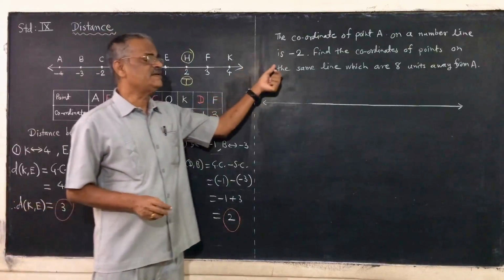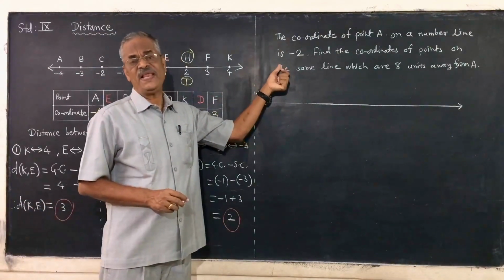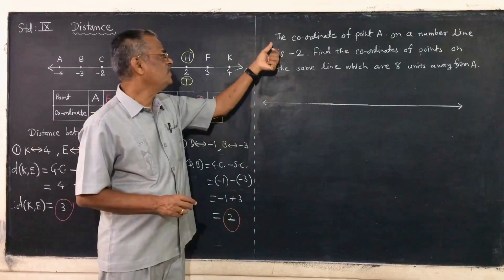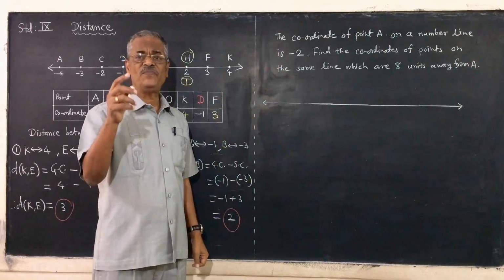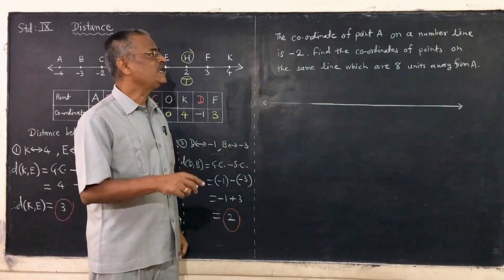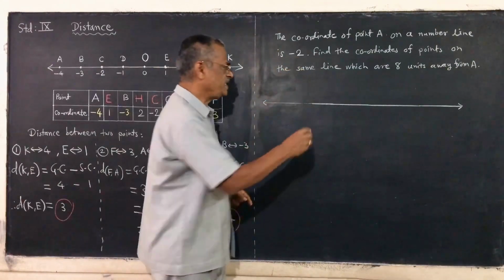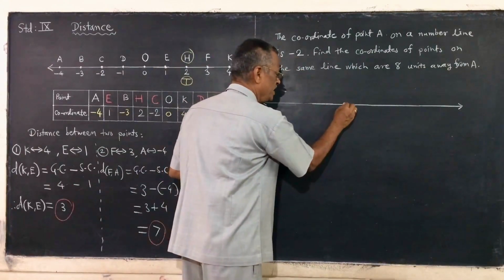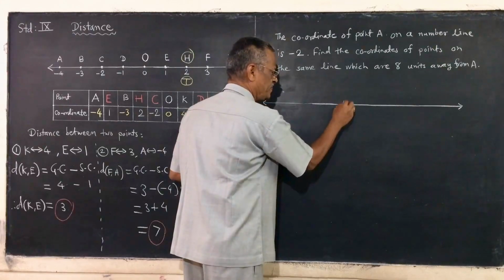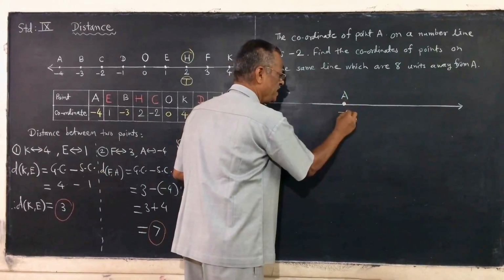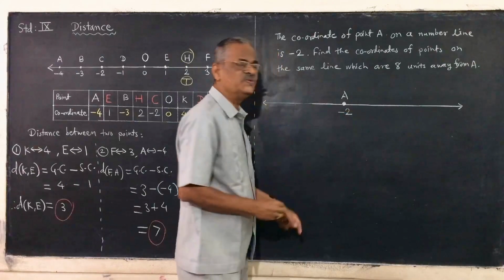Now let us consider a simple example. The coordinate of point A on the number line is given as -2. For example, this is point A and the coordinate is -2.